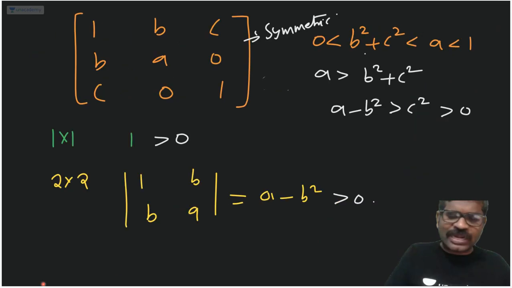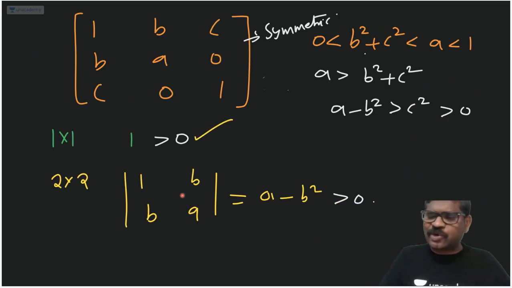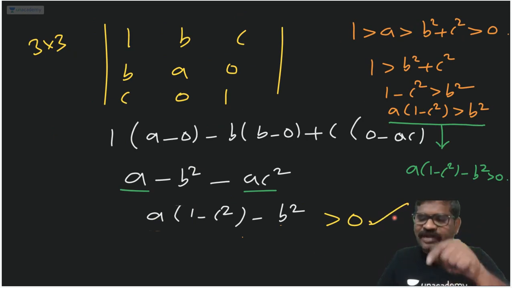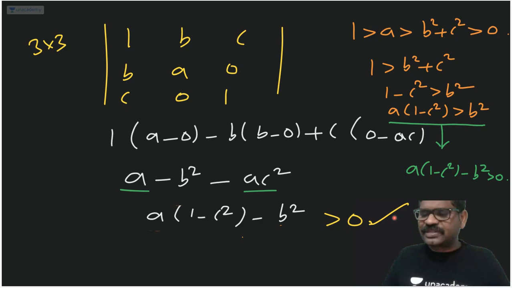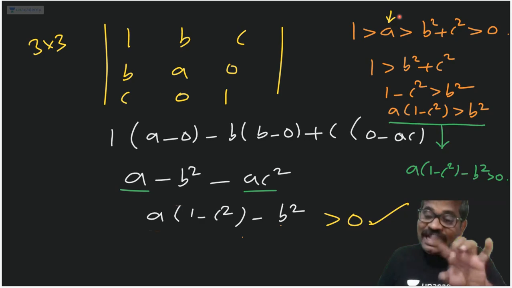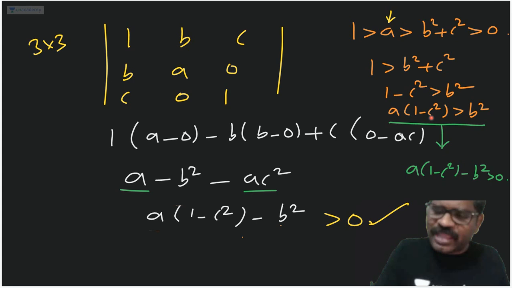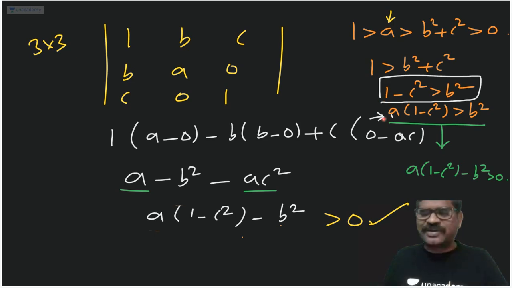So 1 cross 1 leading minor is greater than 0. 2 cross 2 leading minor is greater than 0. 3 cross 3 leading minor is also greater than 0, because A is a positive value which is greater than B square plus C square. So if you multiply 1 minus C square with a positive value, the result is positive or not?